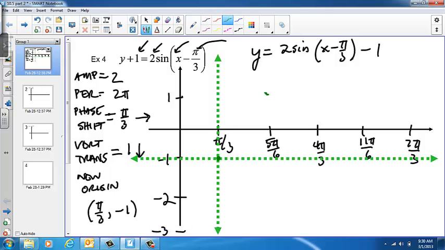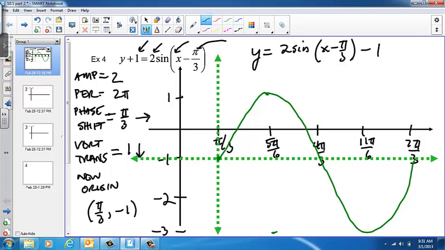So the graph is going to look like this. There it is. That's one full cycle, starting at the new origin, which is (π/3, −1), and it's going to end at 7π/3.